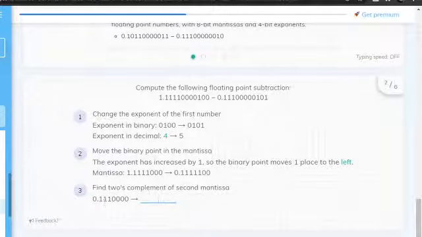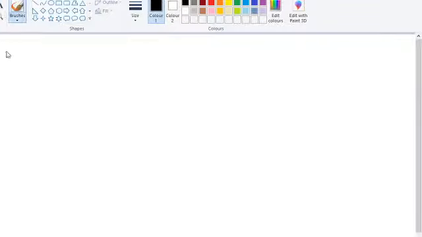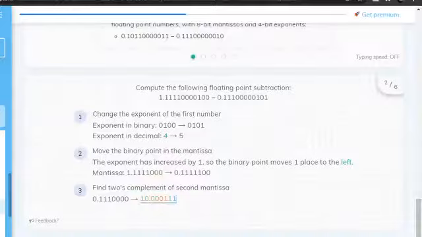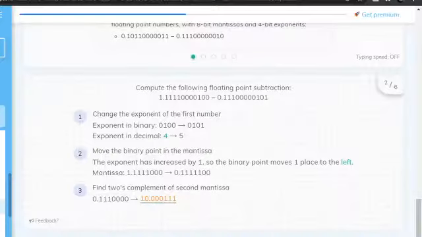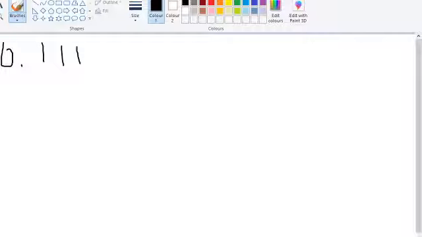So we're trying to find the two's complement of this.